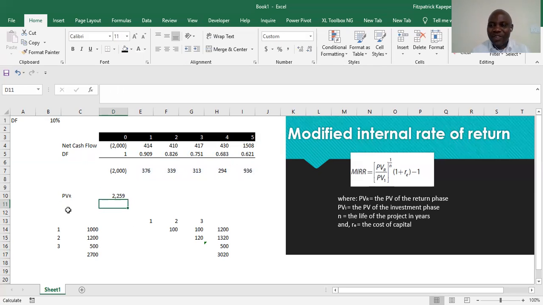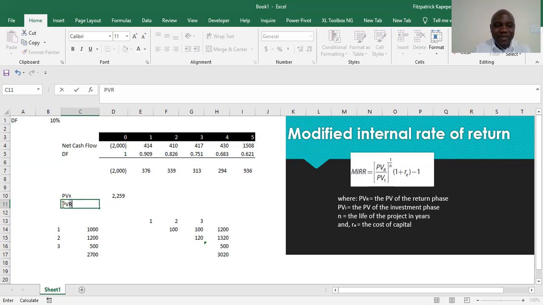This is your present value, the return phase. Then you have the capital outlay, PV1, which is the 2,000 there.